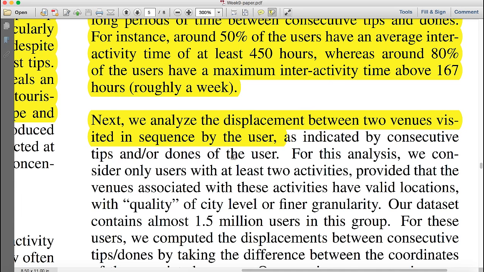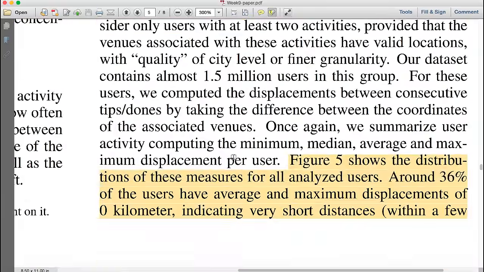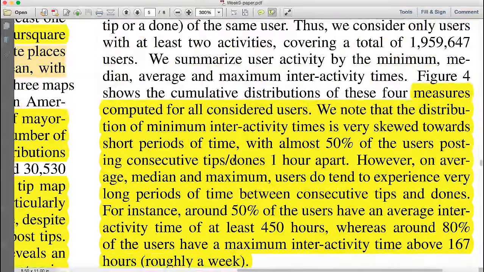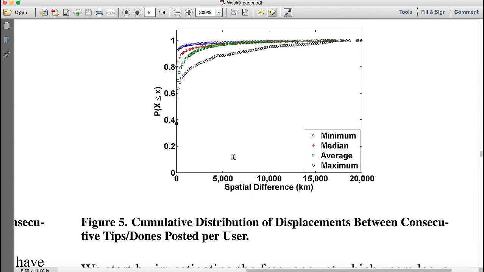The last figure that we saw was looking at the timing in which the post was done. Now we are looking at 2 different venues visited by the same user consecutively. So let's look at figure 5 first, and then I'll tell you what it all means.